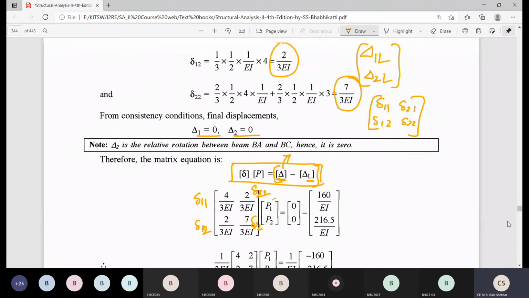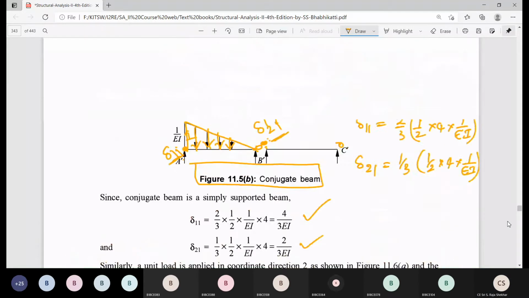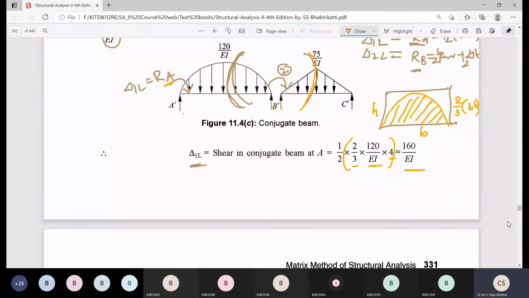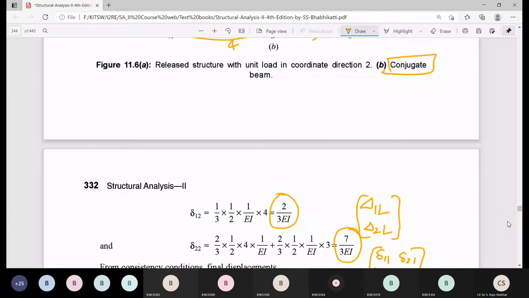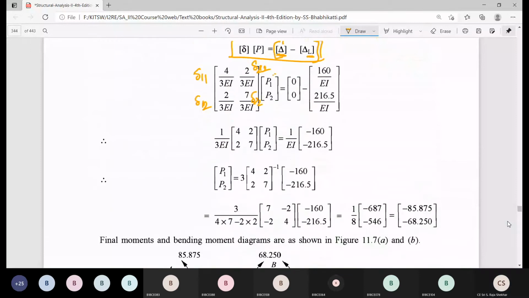Those values are calculated. Delta 2L will be 216.25 by EI. Delta 1L will be equal to 160 by EI. Just substitute these values, take the inverse of this matrix and multiply.